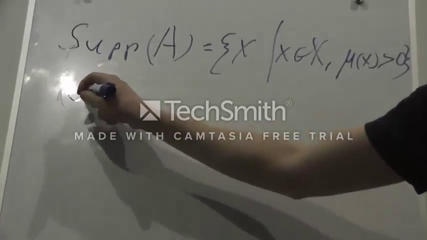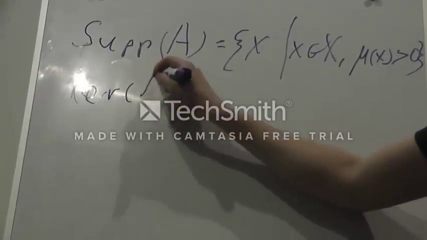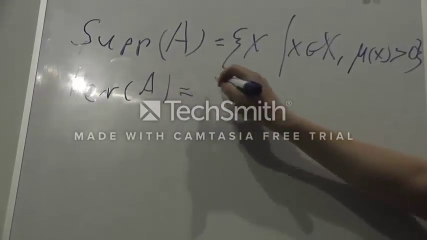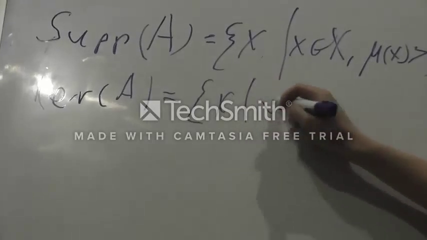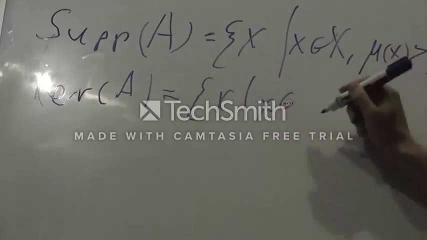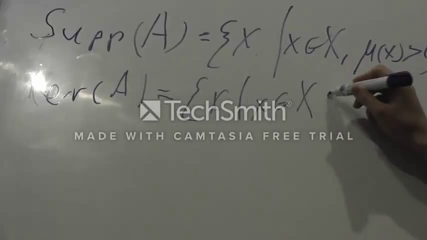The kernel of fuzzy set A is the set of all elements of the universum where the membership function is strictly equal to 1.